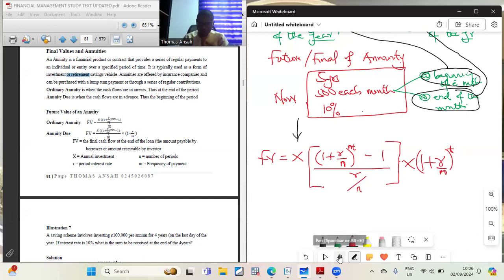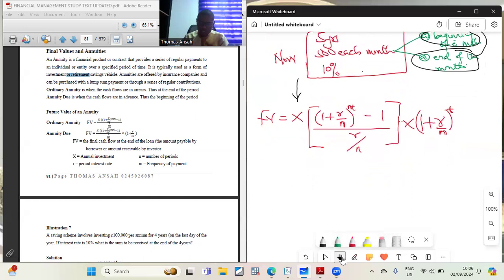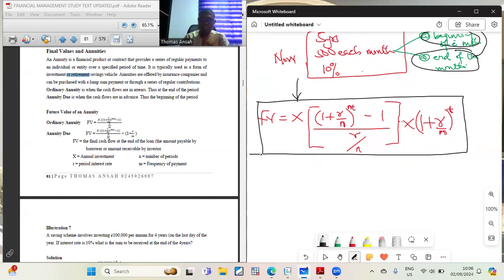So that is how we learned the formula. All right. So this formula that you see now gives you the fact that the person has done the investment at the beginning of the first year, or the beginning of the period. And the answer that it is giving us is what?